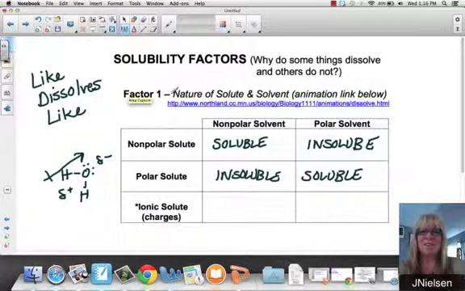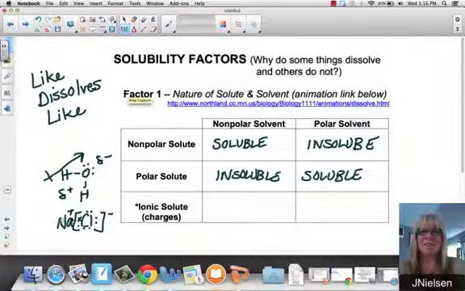So when we think about ionic, when we think about NaCl, we know that it's an ionic bond, and we know that we have this positive and negative charge. We've also talked about what happens when we put salt in water.